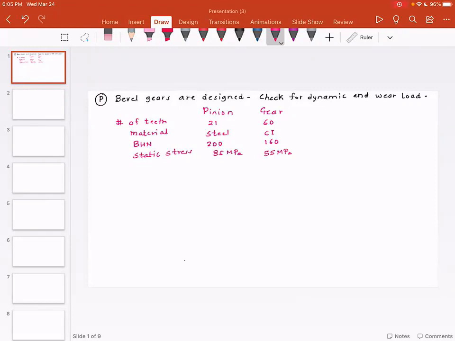The speed is 1200 RPM and 420 RPM. And tooth is 14.5 composite, again 14.5 composite. So in this problem, the gear pair is given to us. So we have a pinion and we have a gear.